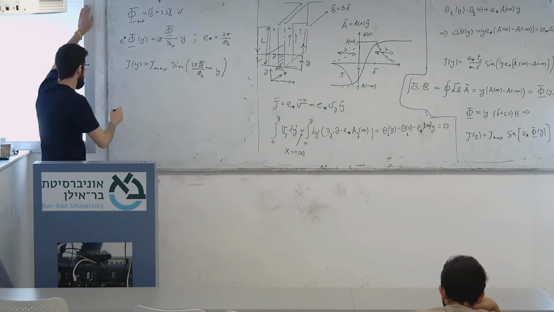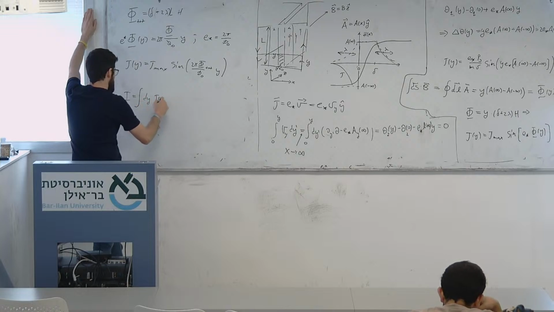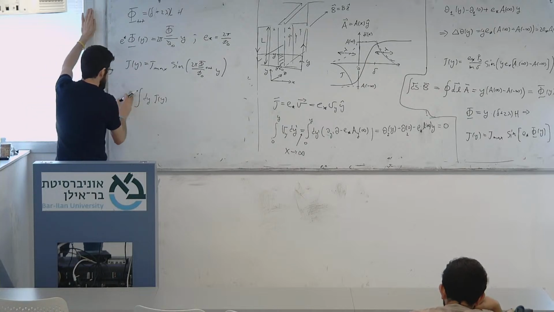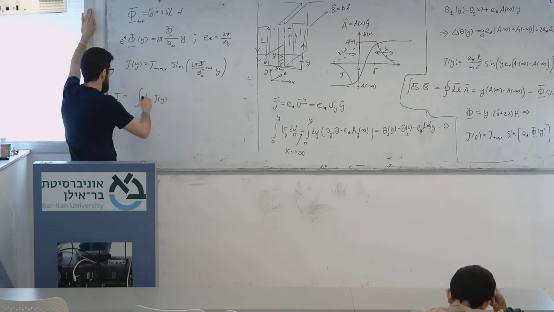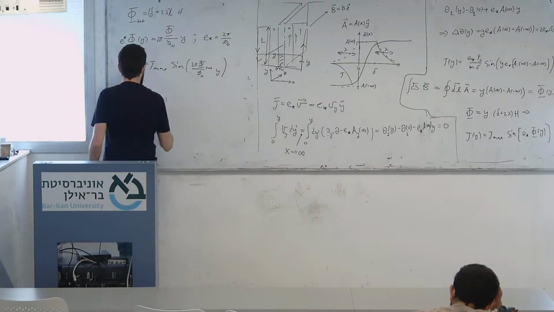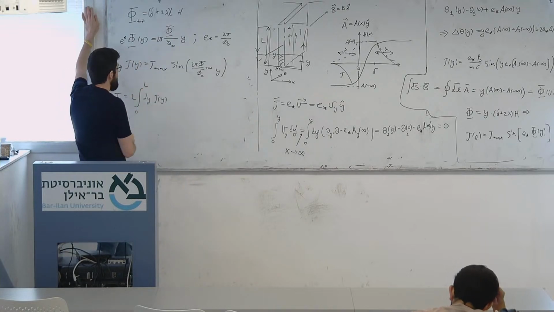And now we can get I, which is equal to the integral dy over this J of y, maybe times we need also some length in the z direction, so some L here, and here we do an integral from 0 to L of this dy.